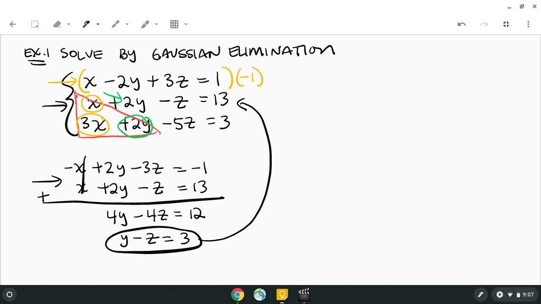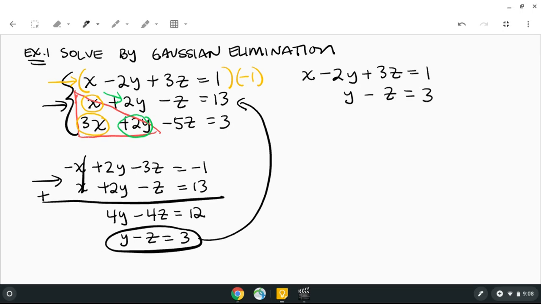Okay, so this is what I'm going to have. I'll keep my original. My second equation, I eliminated that x, and I'm going to write down my result, which is y minus z equals 3.